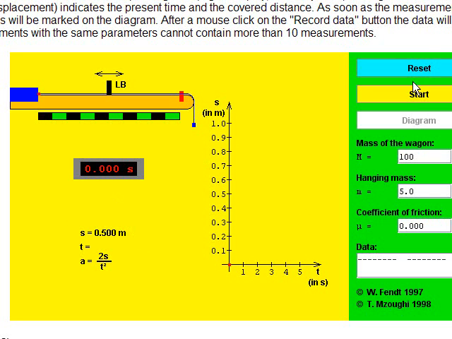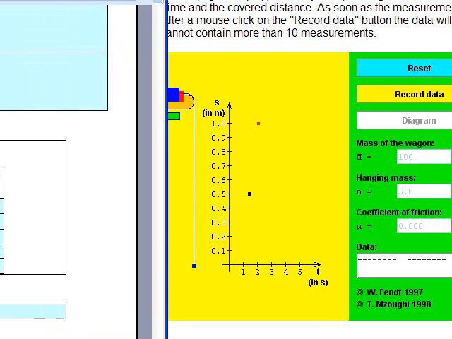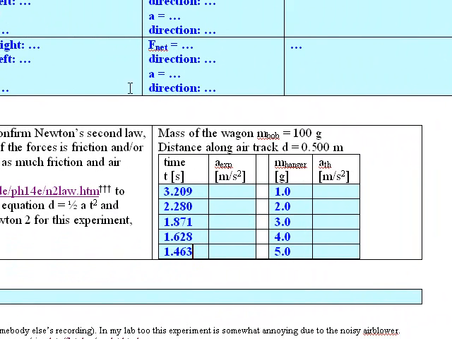Okay, 5.0 grams is going to be the last one, and that's 1.463 seconds. And when we look at the data, obviously it became faster and faster. The acceleration increased, which made the time shorter and shorter.